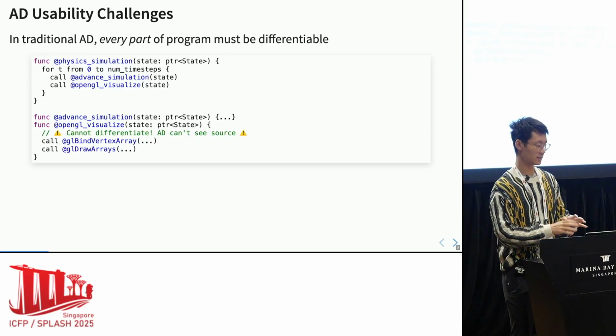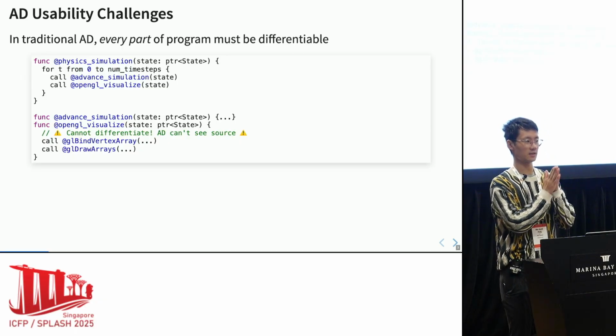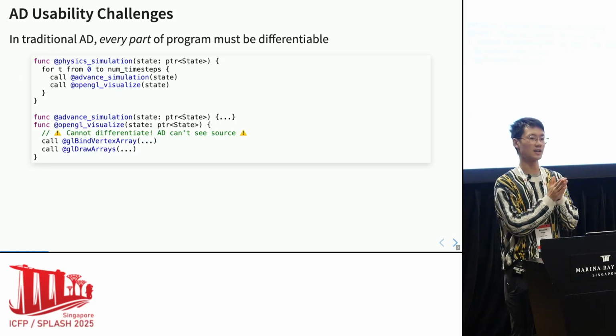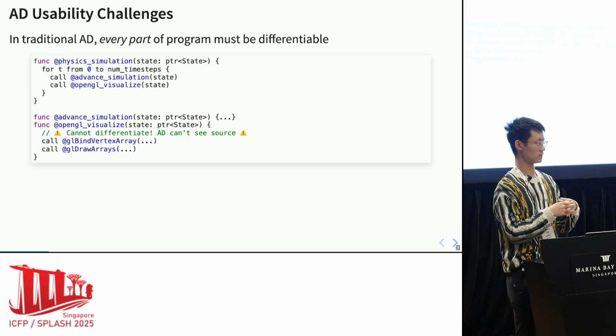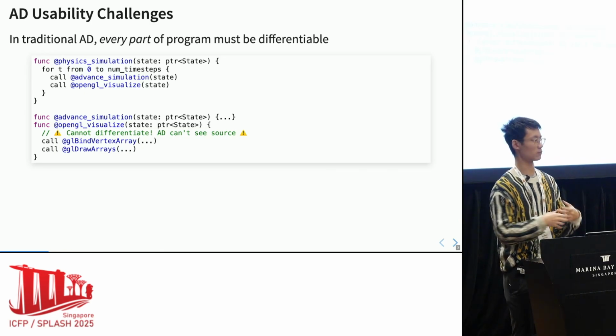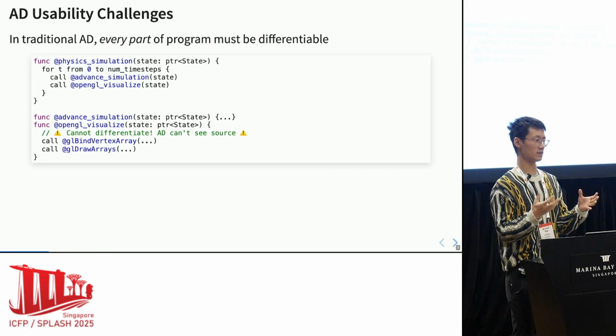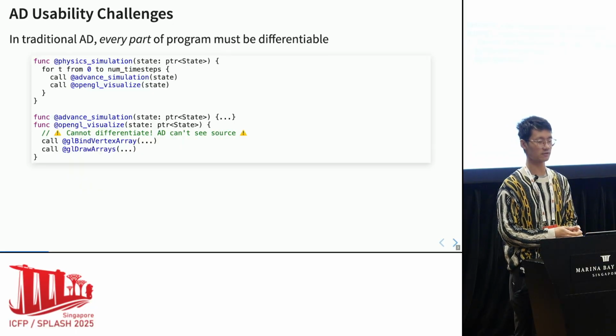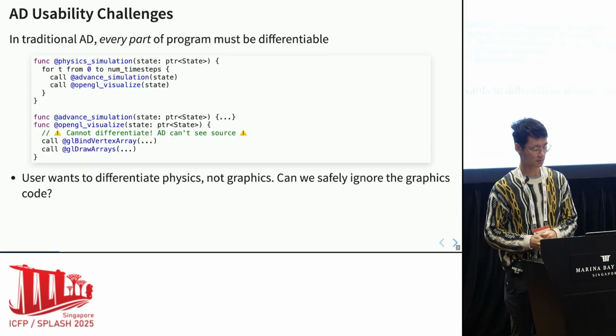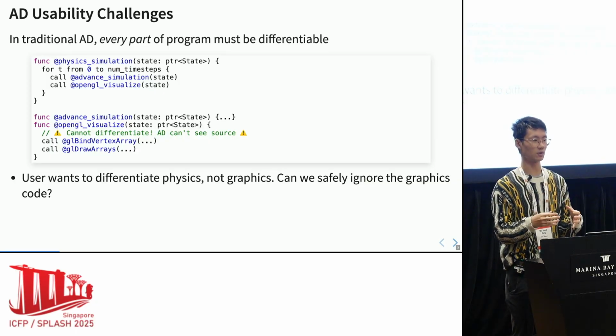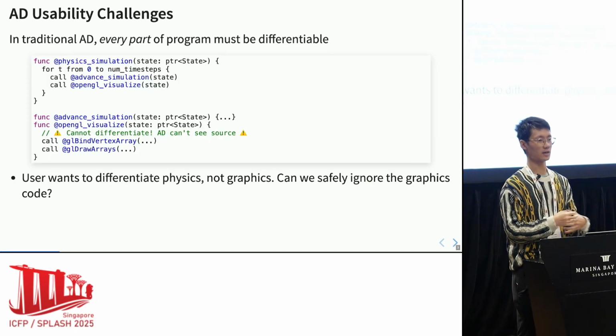However, you might notice that we're interested in the physics of the problem, but we're not necessarily interested in obtaining derivatives of all of this rendering OpenGL code, even if it is theoretically possible to obtain these derivatives. So the question is, can we safely ignore parts of our program that are irrelevant?